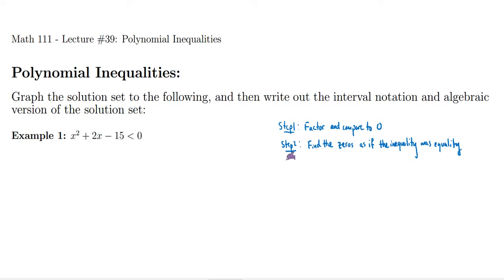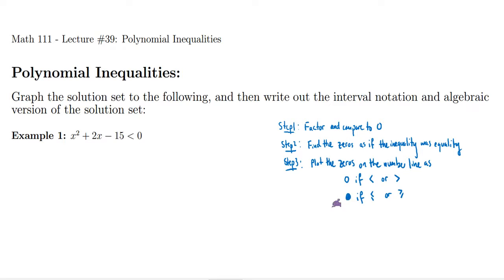And then step 3, you're going to plot those zeros on the number line as an open circle if you're dealing with less than, or strict greater than. And then you're going to use a filled in circle if it's less than or equal to, or greater than or equal to. And you'll do that for all of the zeros that are involved.